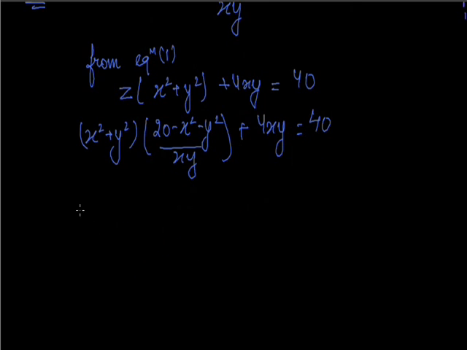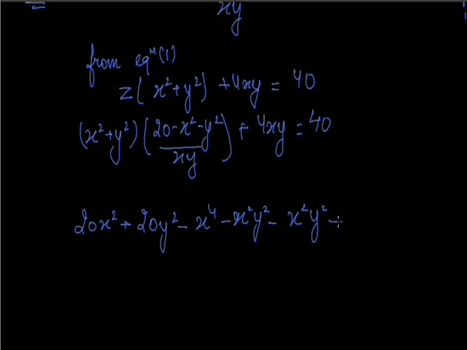We will write the equation as 20x square plus 20y square minus x to the power 4 minus 2x square y square minus y to the power 4 equal to 40xy minus 40x square y square.